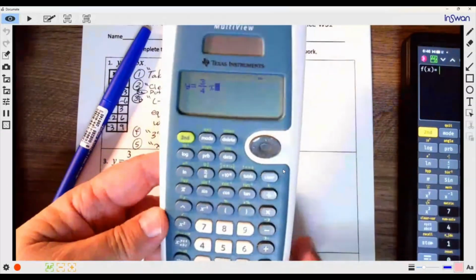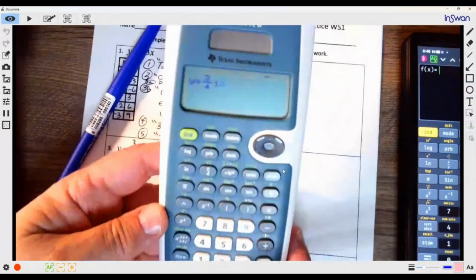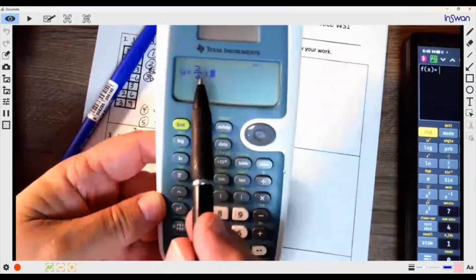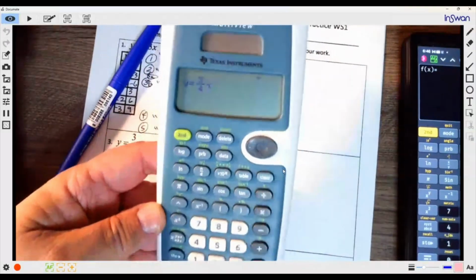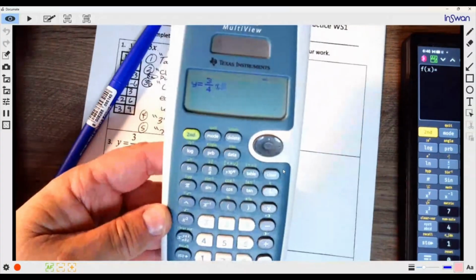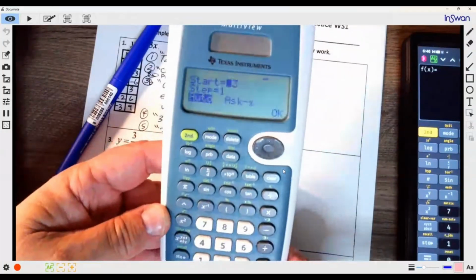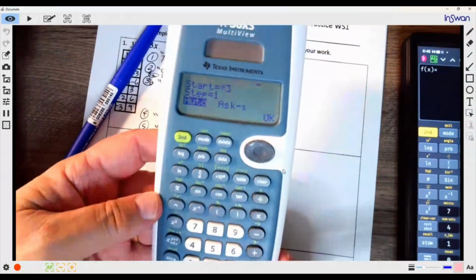If you don't come out of the fraction, you're going to end up with an answer that's not correct because you're putting the x in the denominator and it's not in the denominator. Then we hit enter.